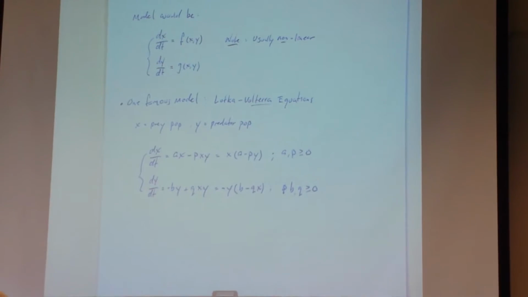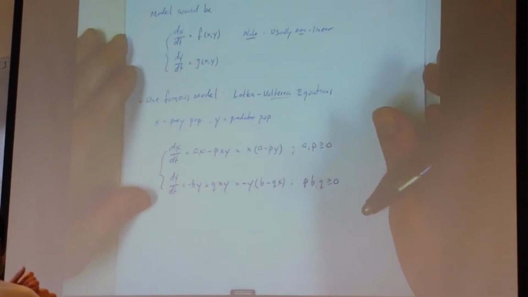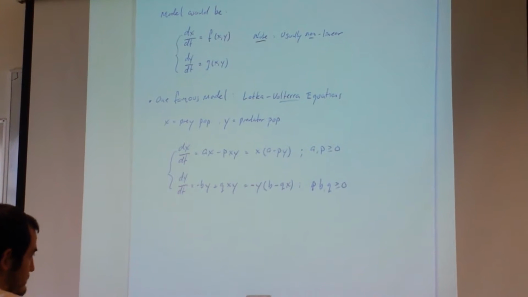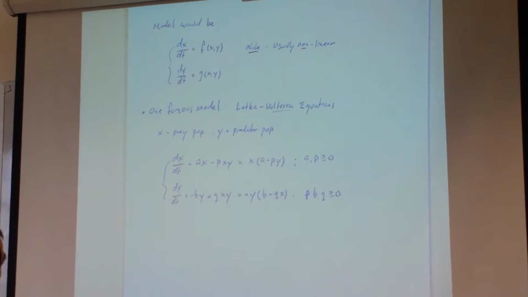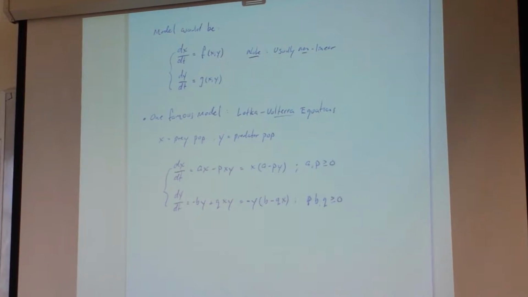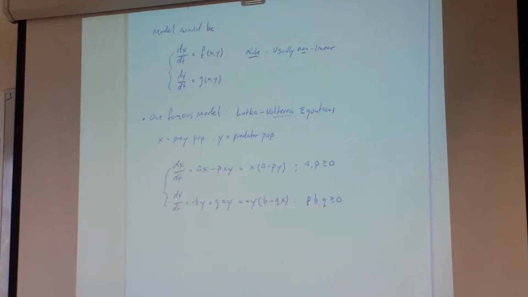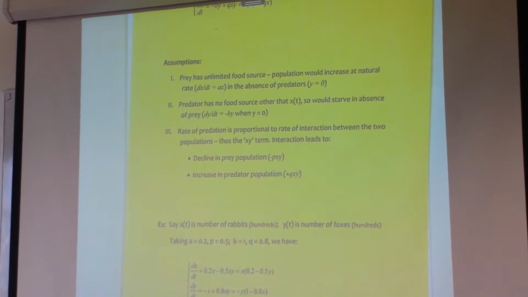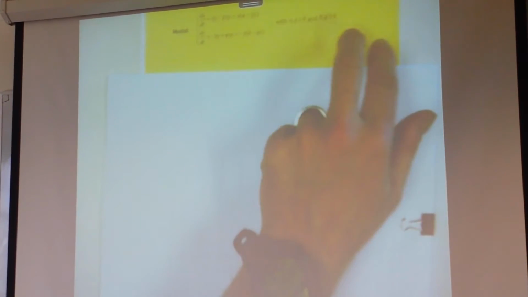All right. Why did they choose these? It's not just random, but instead of just explaining with words the assumptions that went into it, I'll show you here. All right, so there's the equation, and we're going to go through these assumptions one at a time and see how they work in the model.